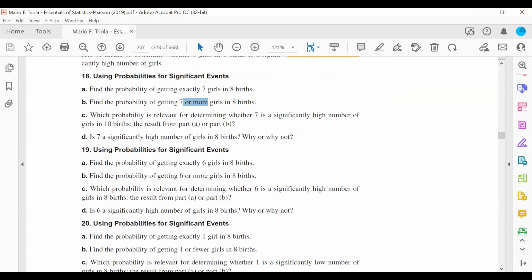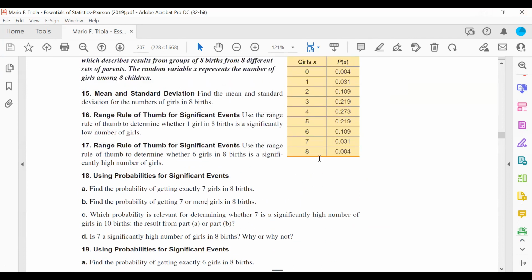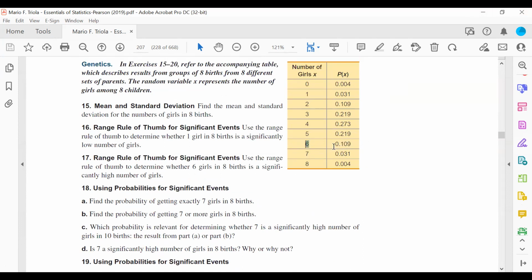Exactly 6 girls, so I have to go to my table and go to 6, and I can highlight it. 0.109. 0.109 is 19A.